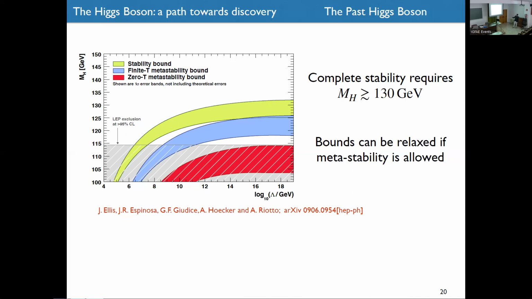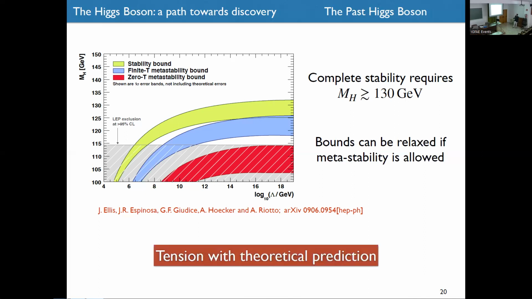But this is a problem for the electroweak precision observables, because again, the electroweak precision observables tell us the mass of the Higgs should be around 80 GeV. So there is evidently a tension between the theoretical prediction of the mass of the Higgs, and the theoretical prediction of the existence of our universe.